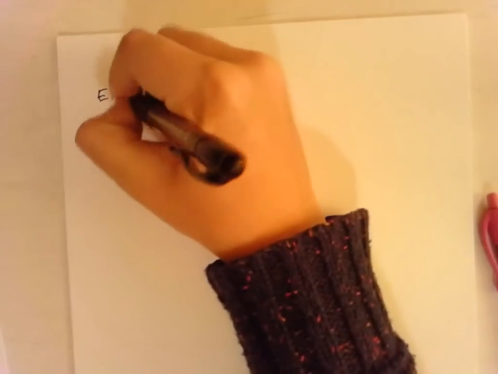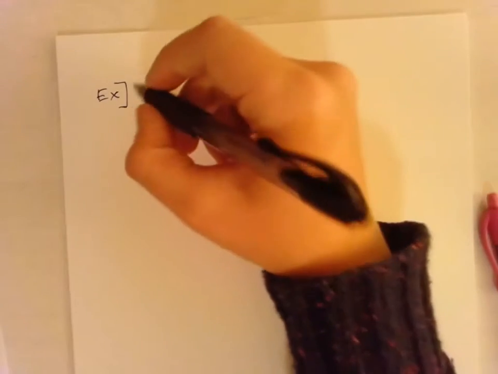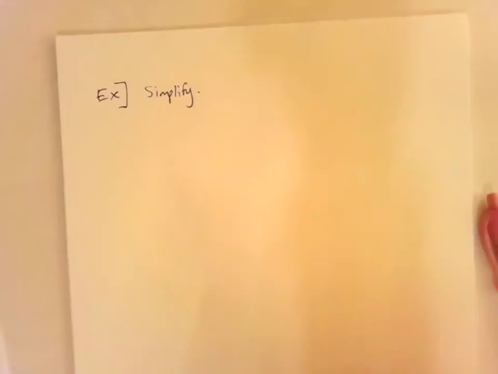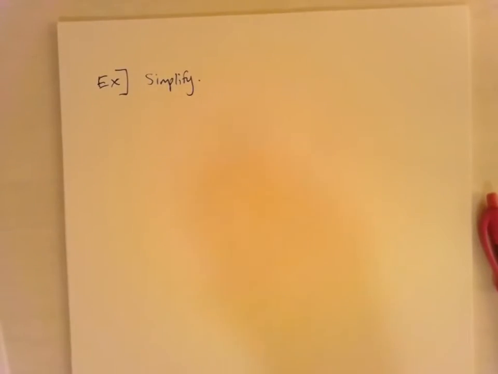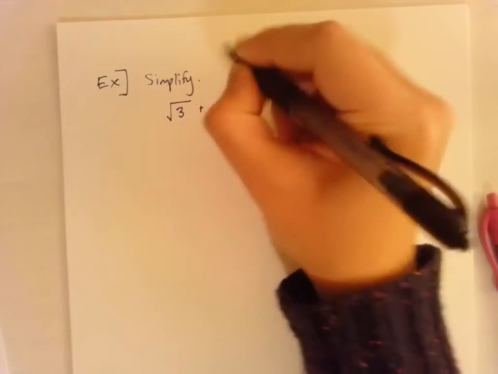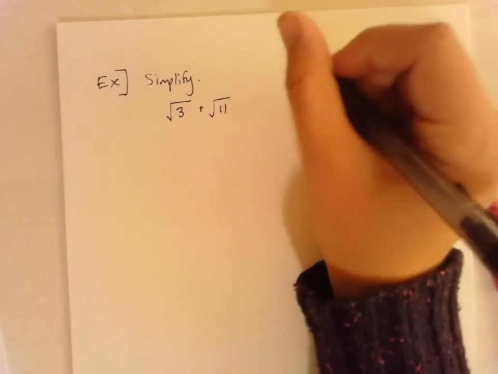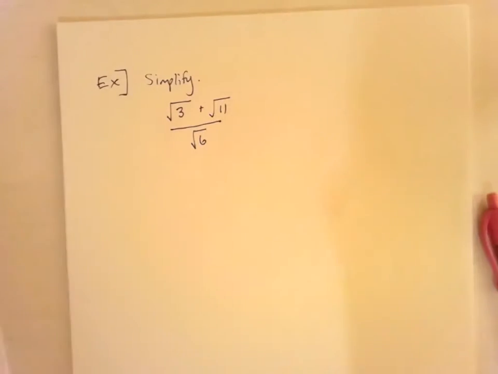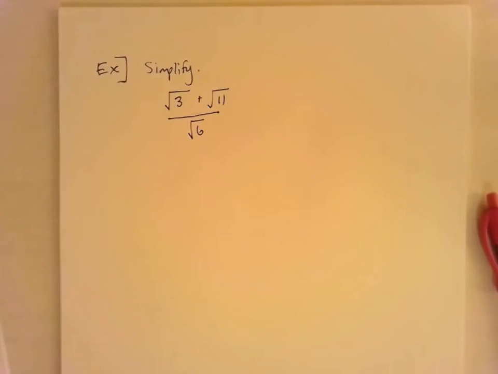Okay, so let's go over an example that looks like this, where again I'm asked to simplify, but this time my fraction looks like this: radical 3 plus radical 11 all over radical 6.